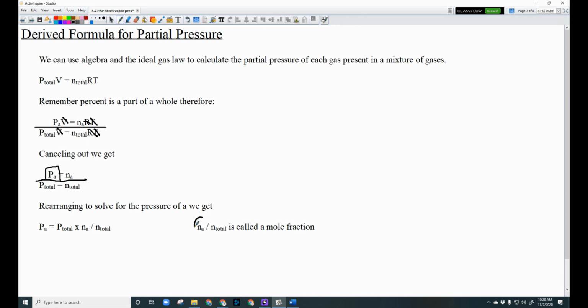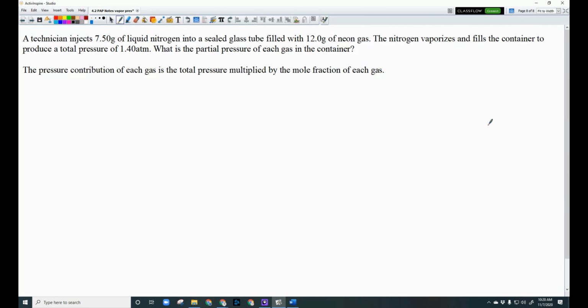And this right here, part of a mole over the total moles, is what we call a mole fraction. It's a fraction of a mole. So if we take the mole fraction, multiply it by the total pressure, that's going to give us the pressure of the gas. Okay, so let's look at this applied.